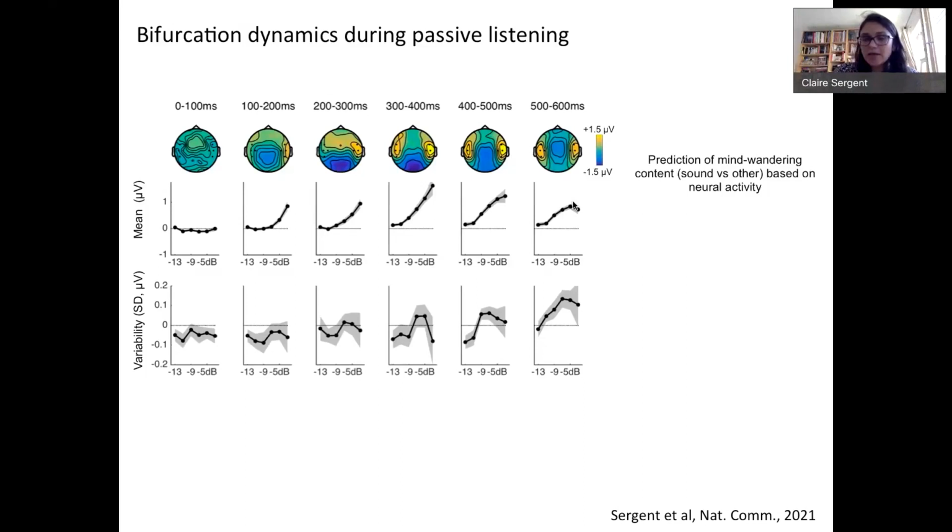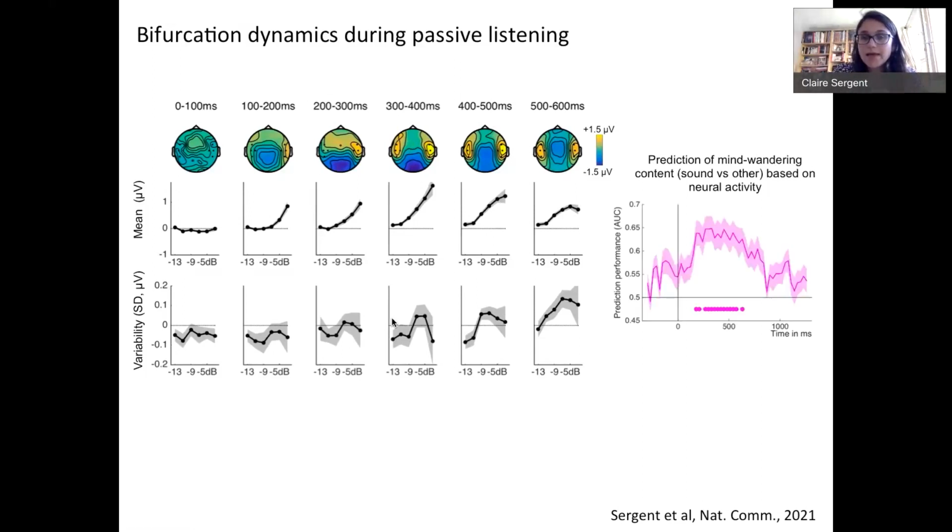Okay, and based on the predictions of our bifurcation model, we tried to predict whether people would say at the end of the trial, "Oh, I was thinking of the sound. I had the sound in my mind," versus something else.